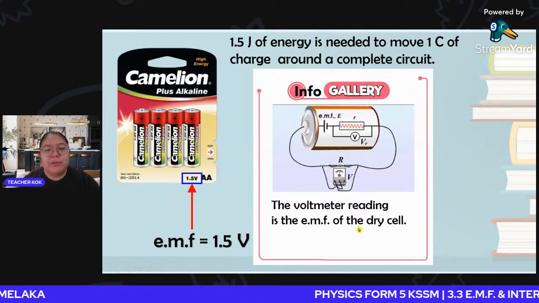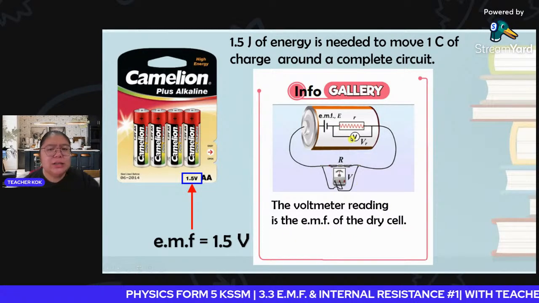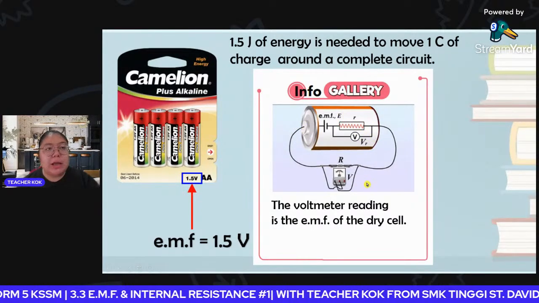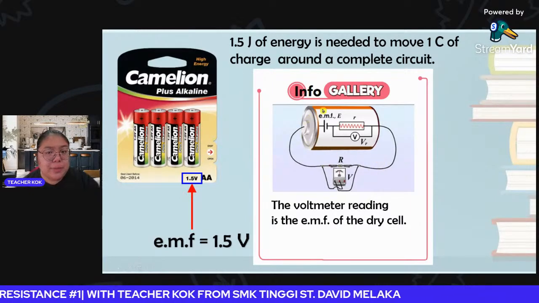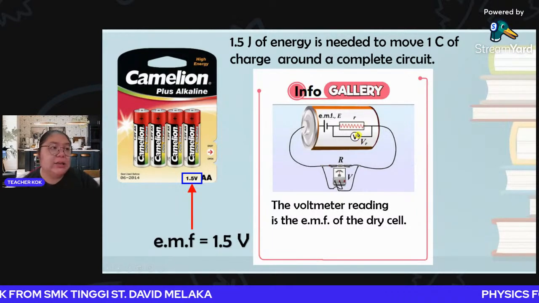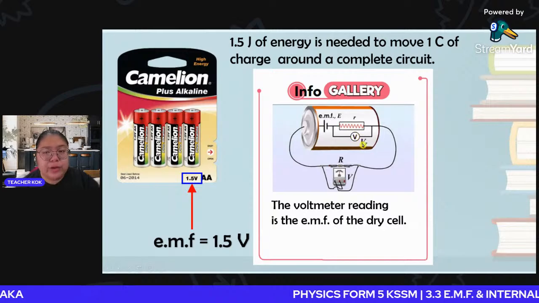So the voltmeter reading is the EMF of the dry cell. If they just want to measure the dry cell by using voltmeter, so that means that one should be the EMF. Okay, so from here, remember, inside the battery, we need to count about EMF and also internal resistance. So from here, the voltmeter, you can see the small voltmeter, they write VR.